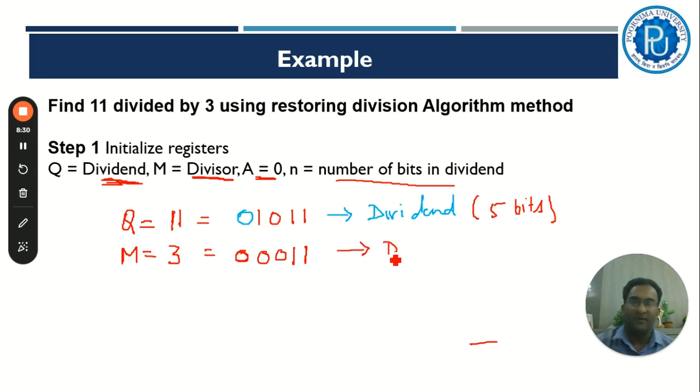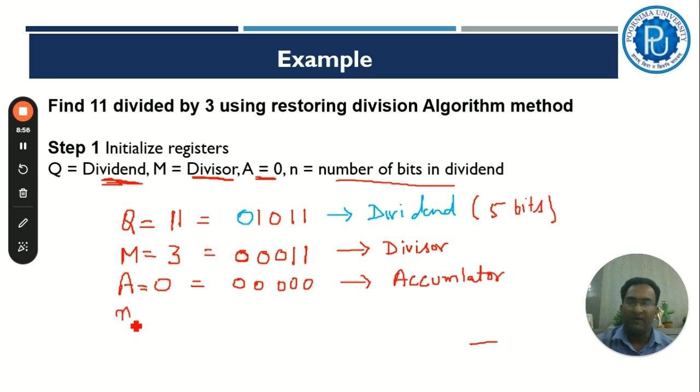So this is the divisor of 5 bits. The initial value of the accumulator will be 0, so that is 5 bits, 1, 2, 3, 4 and 5. So this is the accumulator. And the value of n will be equal to 5.